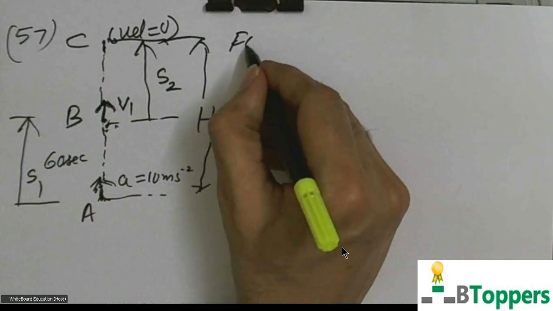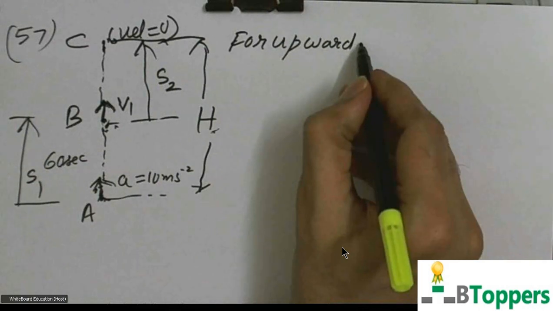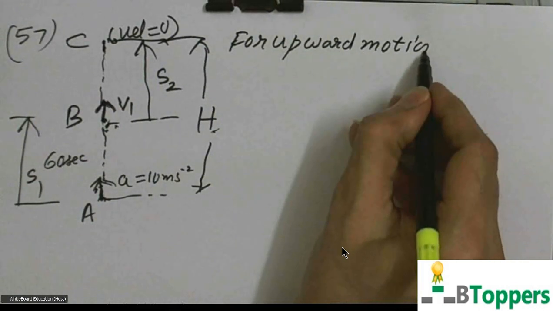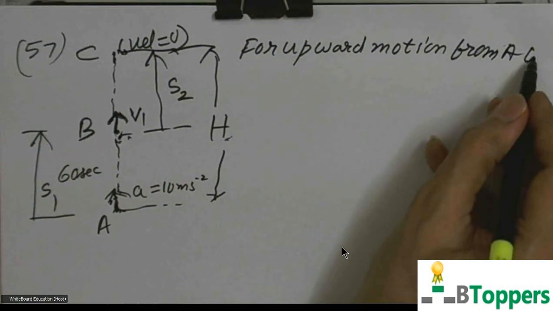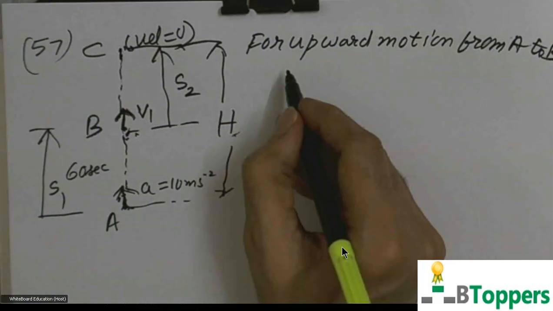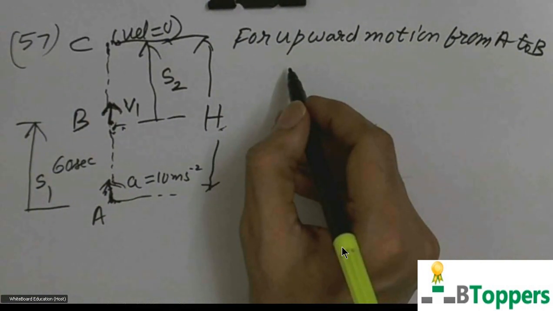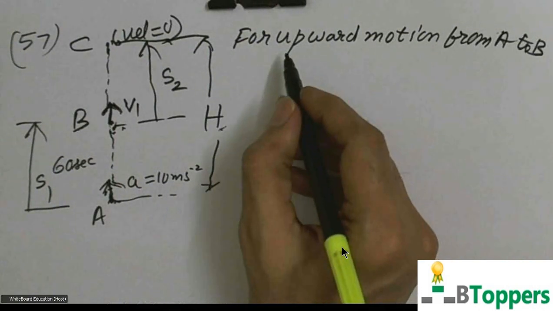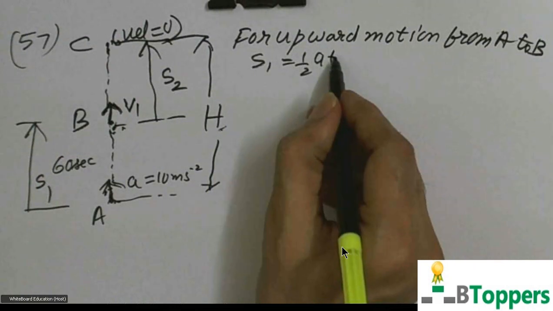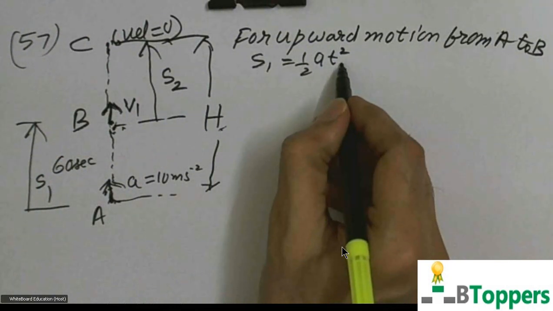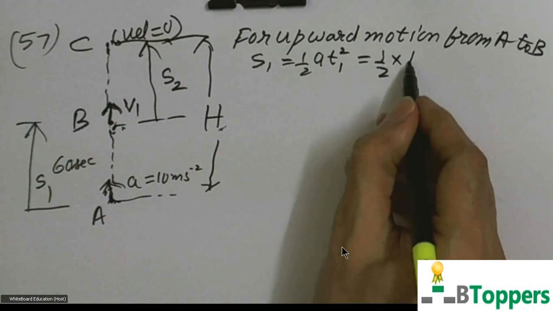So for upward motion from A to B, it moves with constant acceleration starting from rest, using the formula S equal to half a t square. Here t1 denotes the time of motion from A to B, which is given to be 60 seconds.